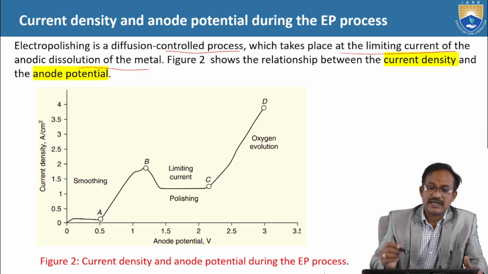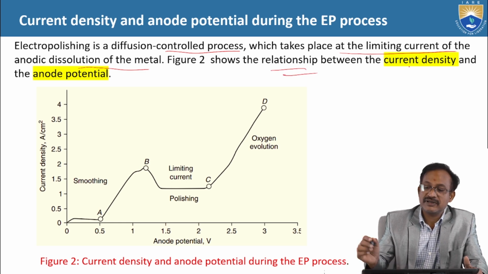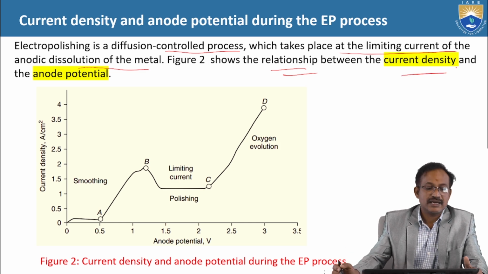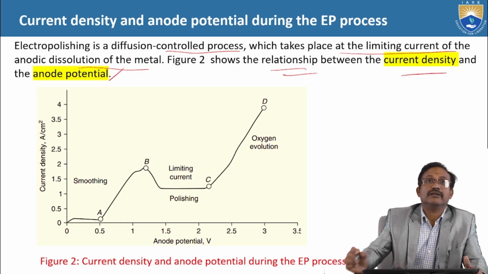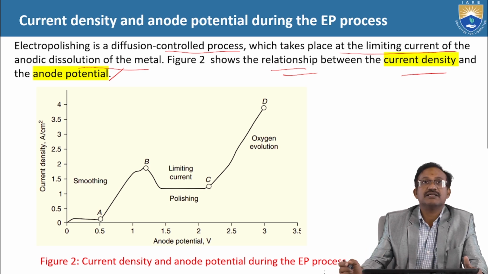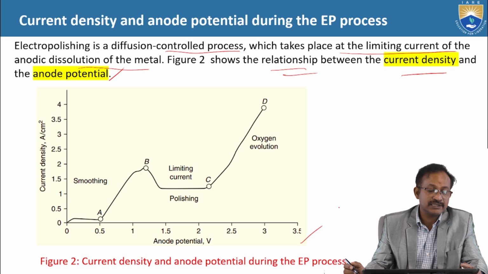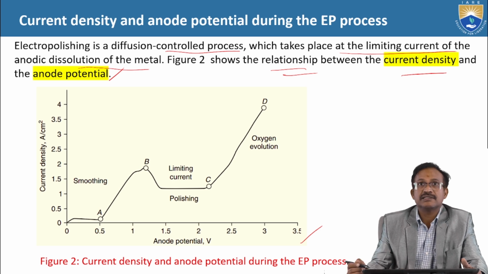This figure shows the relationship between the current density and the anode potential. On the y-axis is current density in amperes per square centimeter, and on the x-axis is anode potential in volts.